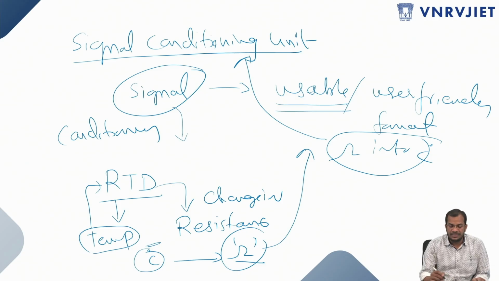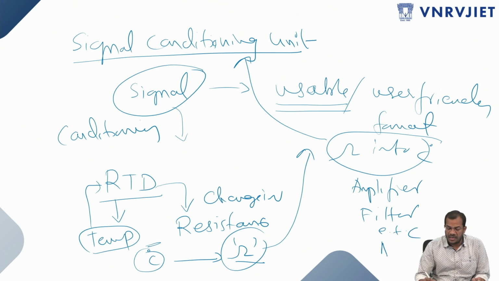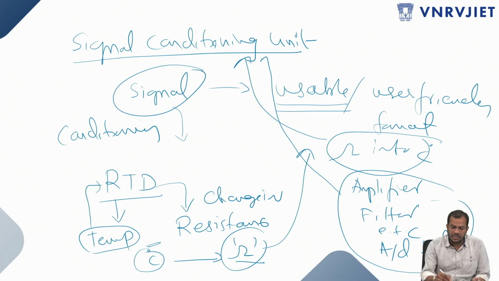Here in the signal conditioning unit, you have amplifiers, filters, etc. You will also have analog to digital converters, digital to analog converters, etc. So all these are part of your signal conditioning unit, which converts this ohms, that is resistance, into user friendly format, into degrees Celsius.